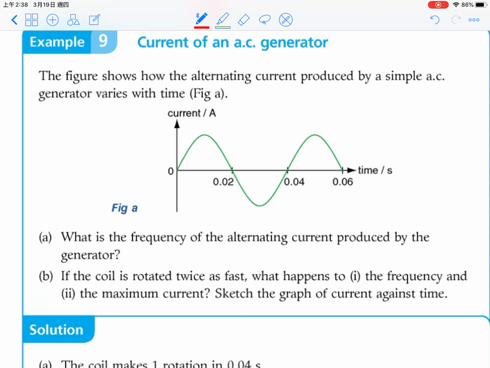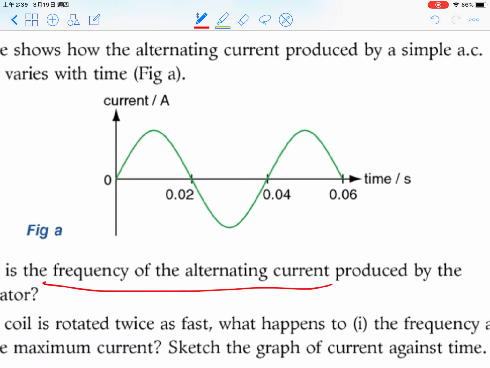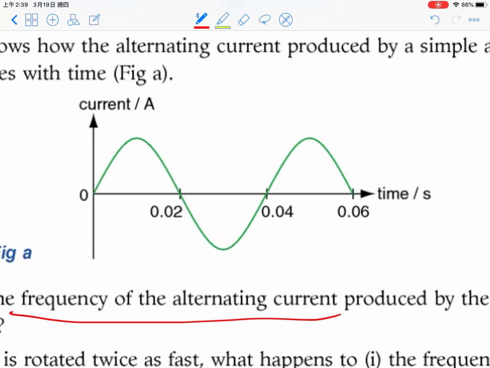Example 9. Now you see the AC produced by an AC generator changes with time. So what is the frequency of the AC? Now, have you memorized the coil orientation? Zero current means the coil is vertical.